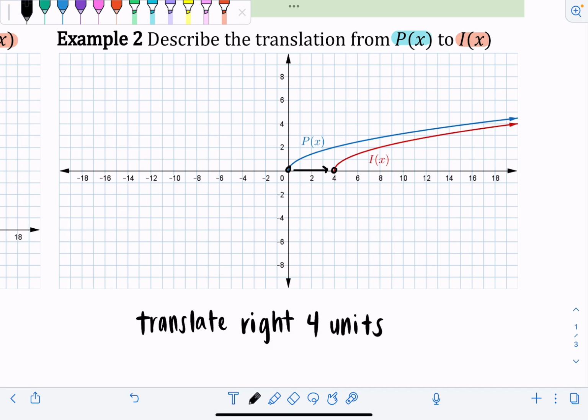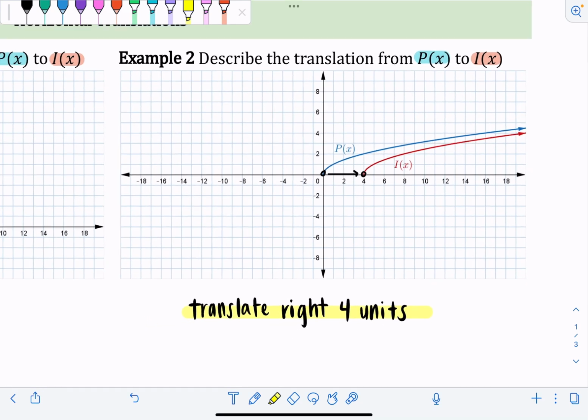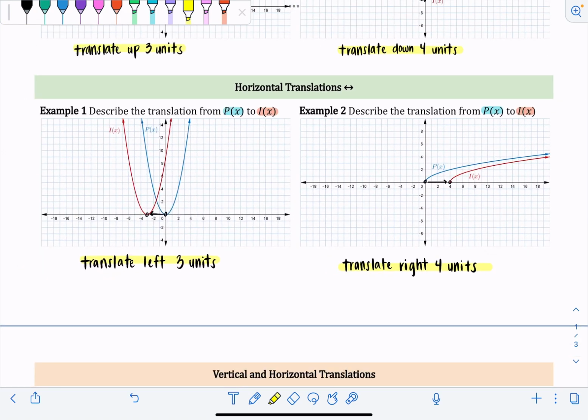Okay, so to get from p of x to I of x, we moved all of our points to the right by 4 units. So we're going to say translate right by 4 units. And again, I know I've said it over and over again, but translation means that we are keeping the same shape of the graph. All of the points are just sliding over. So example 1 in this section, we were translating 3 units to the left. Example 2, we were translating 4 units to the right.